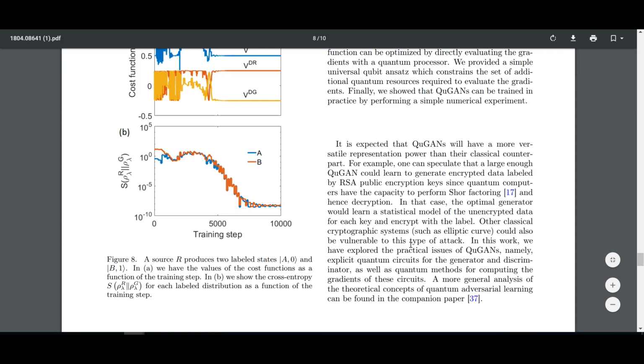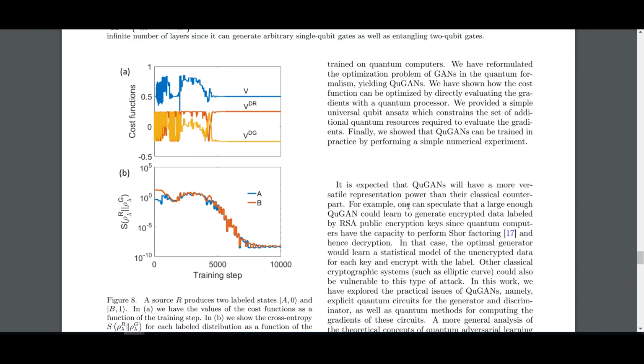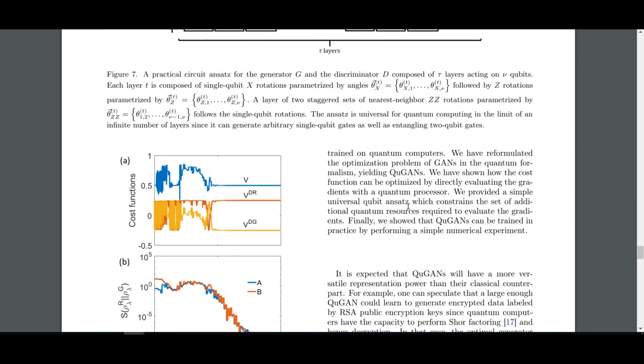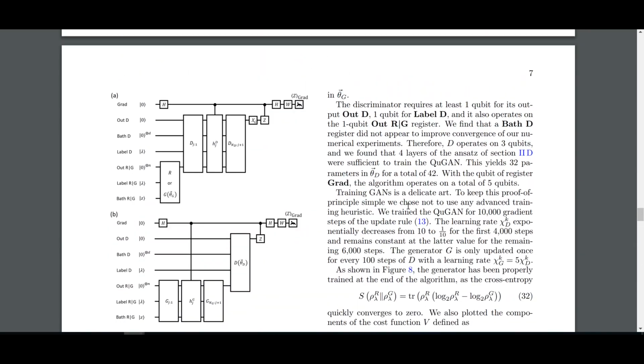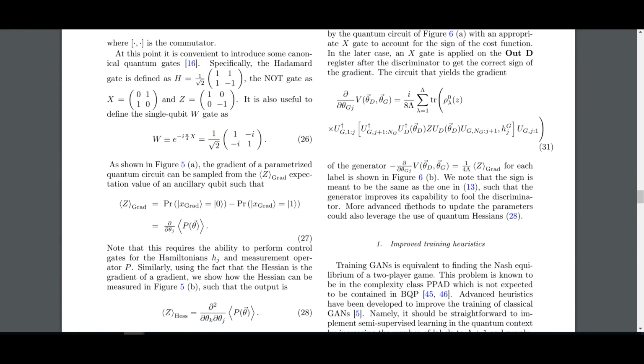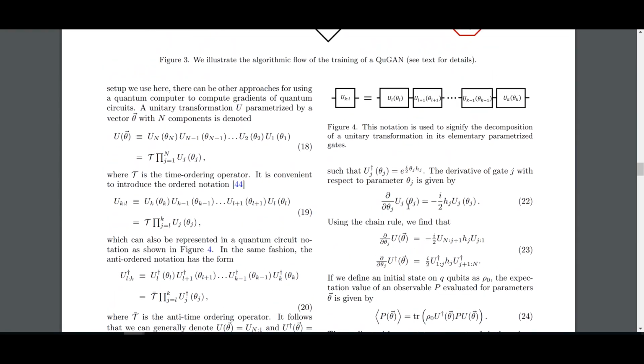Okay, so I think the quantumness here is basically in the fact that, let me put it this way, the stuff you can do within the generator is far more powerful than what you can do with a classical generator.